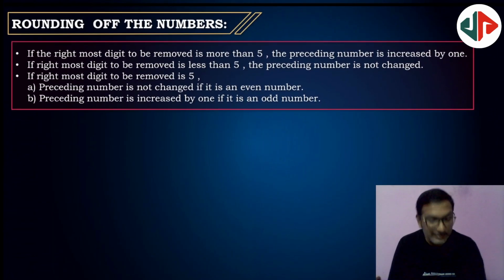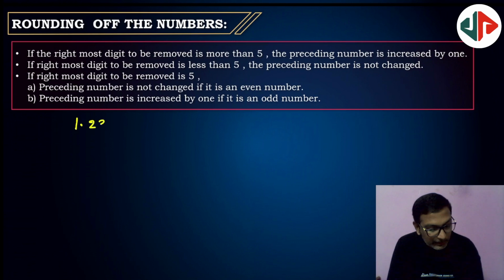Next, rounding of the numbers. So if the rightmost digit to be removed is 5 or more than 5, the preceding number is increased by 1. That means simply if 1.235 is there, the number which is to be removed is 5.